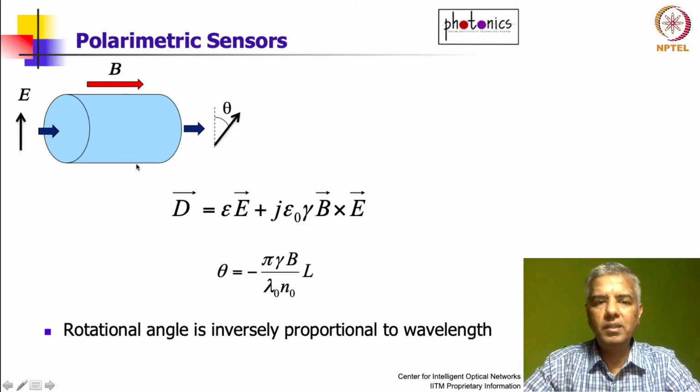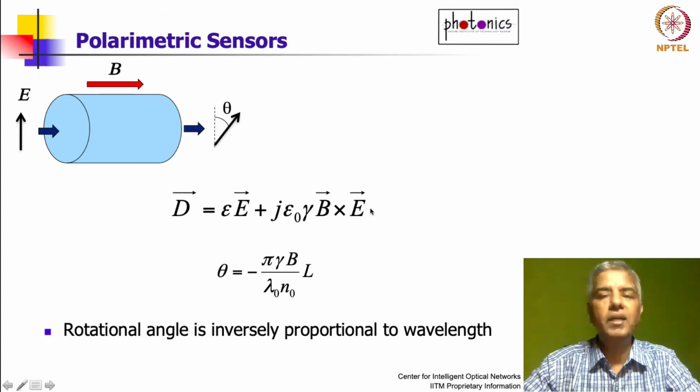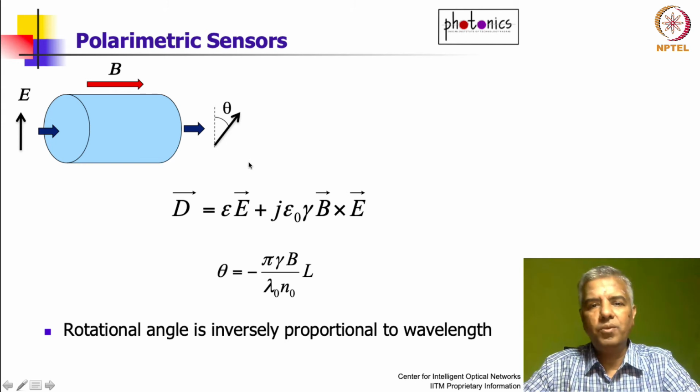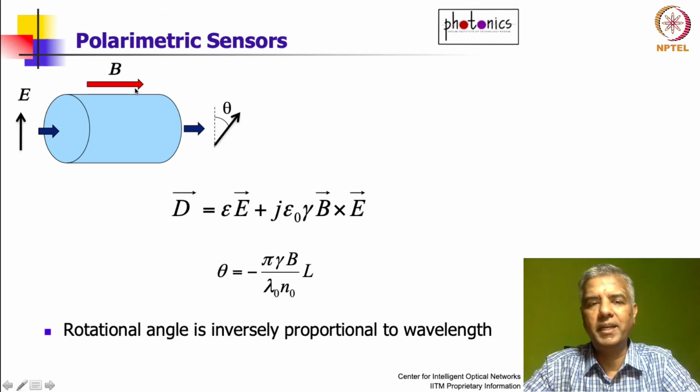Now, this Faraday effect is actually not reciprocal. You can get an idea why it may not be reciprocal, because it's a vector multiplication of the B with the E field. When you're coming from the reverse direction, imagine that the magnetic flux is actually against you.